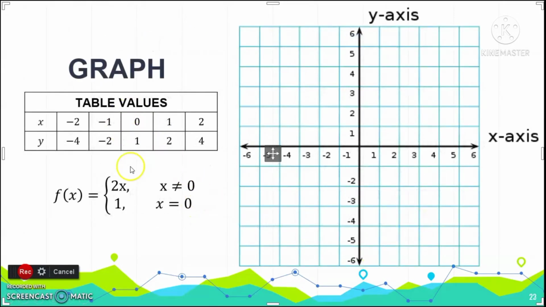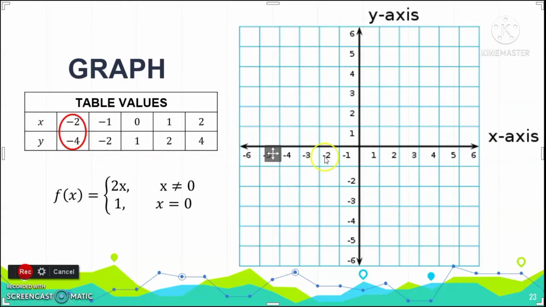So based on the given function, f of x is equal to 2x for x is not equal to 0, and f of x is equal to 1 if x is equal to 0, the table values here are -2 and -4.